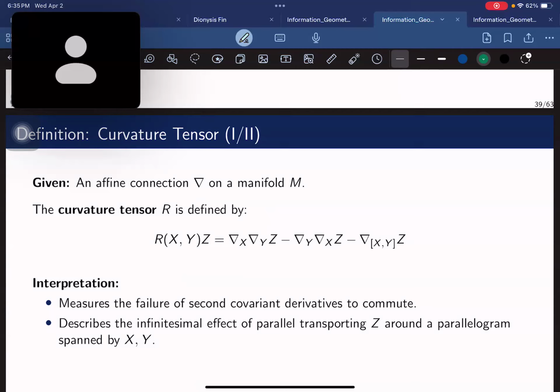There are thousands of different intuitions behind curvature, which give rise to the same curvature tensor R here. I encourage all of you to go and search about different understandings of the curvature.